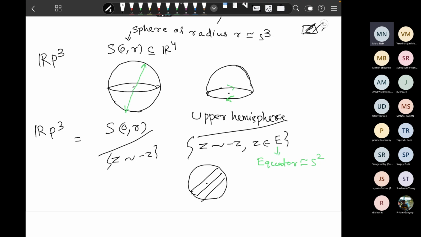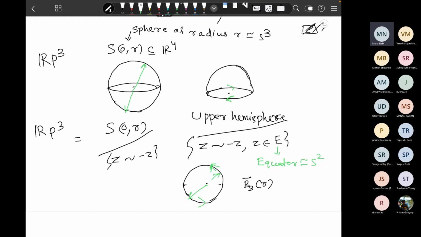So this will be B3_r, a closed ball of radius r, and you have to identify the antipodal points of the boundary.